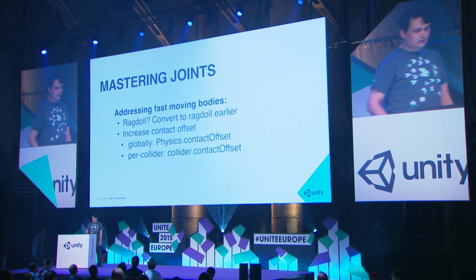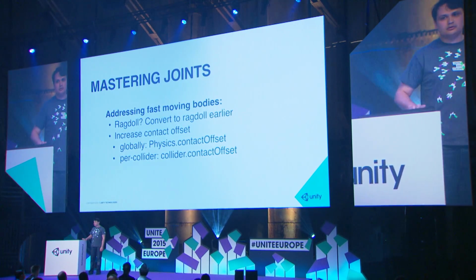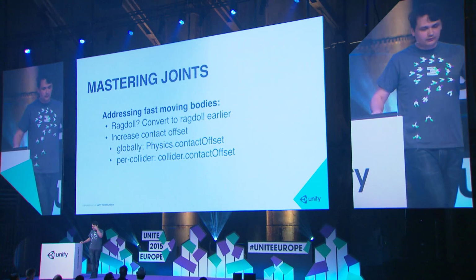So first, fast-moving bodies. There was one typical example reported on the beta groups during the 5.0 testing cycle, and that was a game about an alpine skier going down the slope.